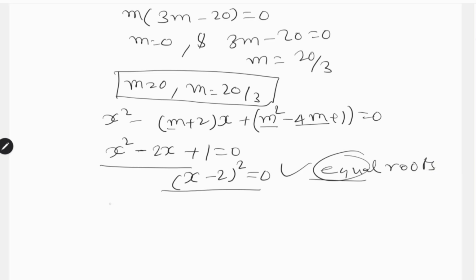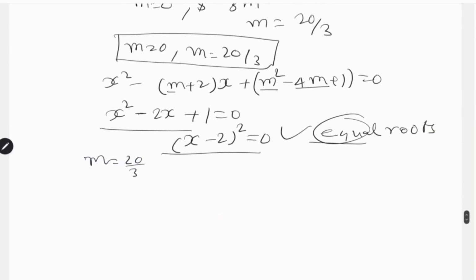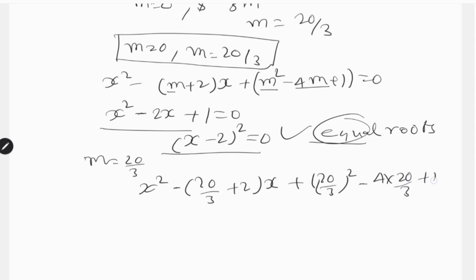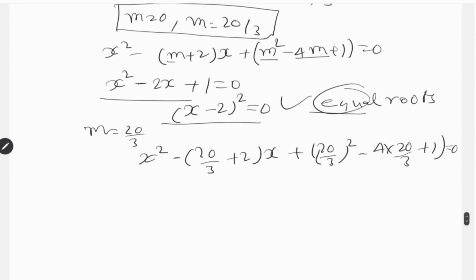Now if m is equal to 20 by 3, then x square minus (20 by 3 plus 2) x plus (20 by 3) whole square minus 4 into 20 by 3 plus 1 equal to 0.